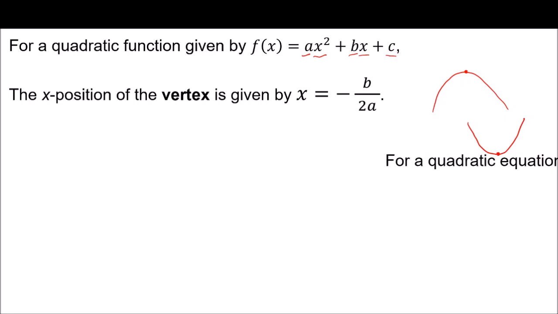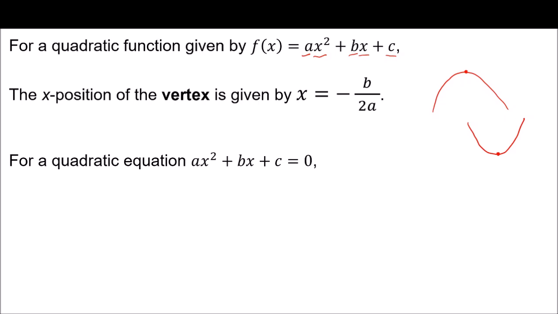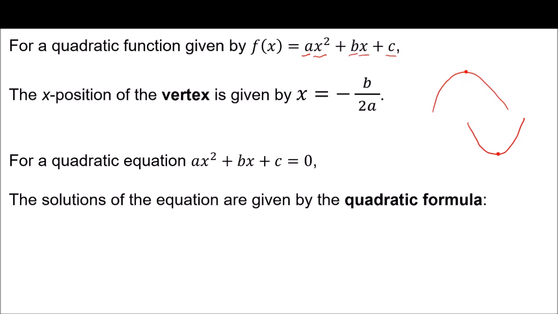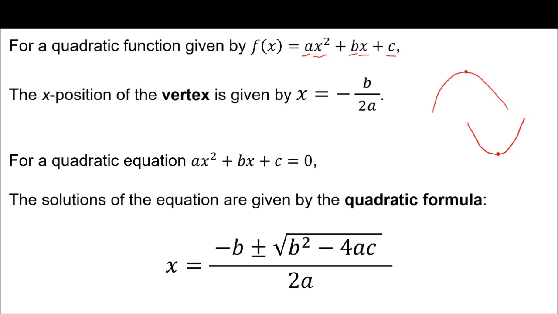And then also, for a quadratic equation, ax squared plus bx plus c equals 0, the solutions of the equation are given by the quadratic formula, all of this, right? And so remember, when you're solving a quadratic equation and you're using the quadratic formula, you have to get everything on one side.